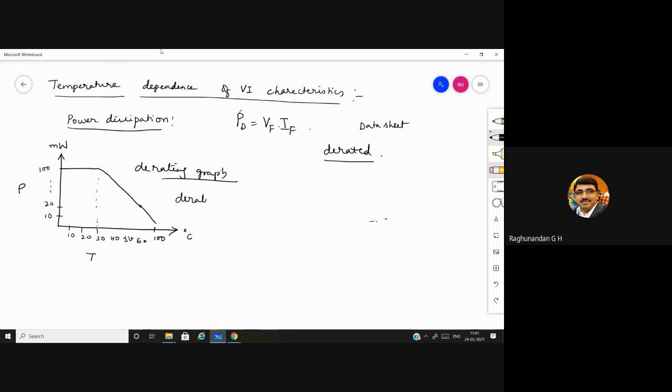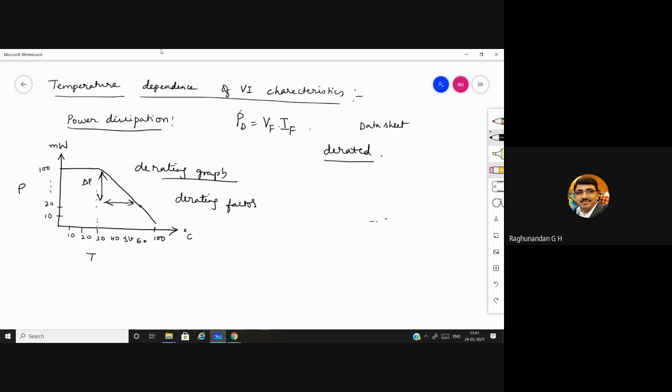Now, what is the formula to find the derating factor? It is very simple. First, choose the temperature level where you want to find.